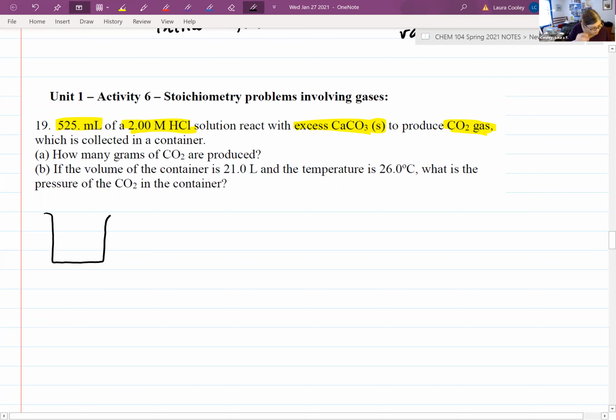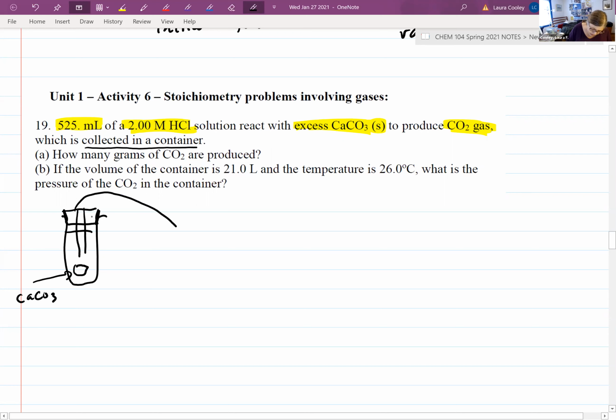It says it's collected in a container. It's a little bit vague about that, but I would assume you have this reaction happening. You have some calcium carbonate here, which is a solid. And maybe this is now covered, so you have some kind of stopper here with a hole in it.